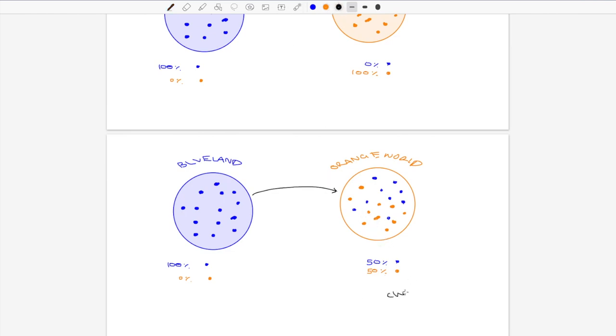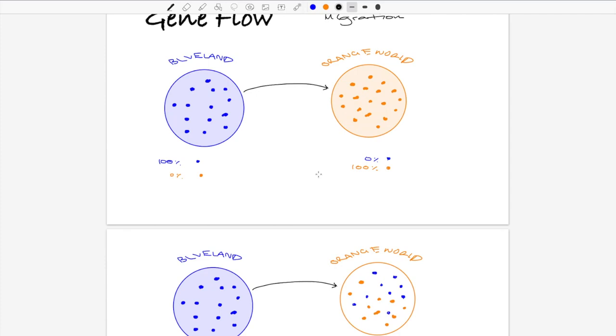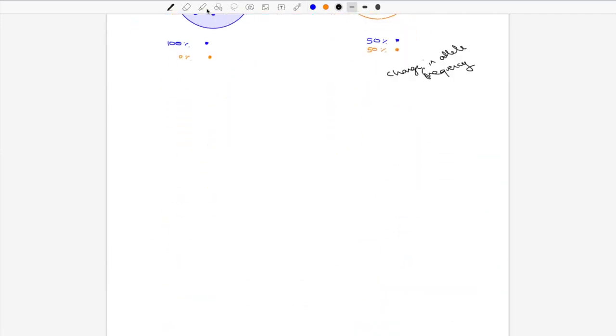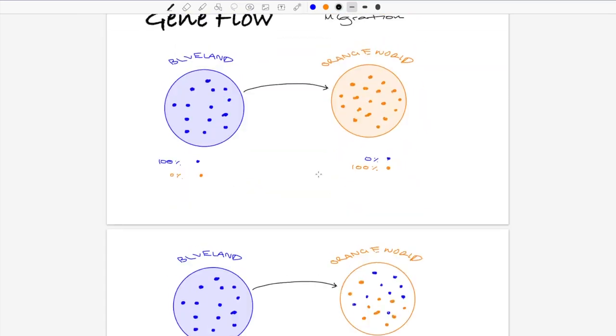We'll see that the 100% orange will now start to decrease, let's say to 50%, and the blue individuals, which used to represent 0% of that population, now make up the other 50%. And so because of this, we have a change in allele frequencies, which would be the definition of evolution having occurred. So then the second force is going to be genetic drift.